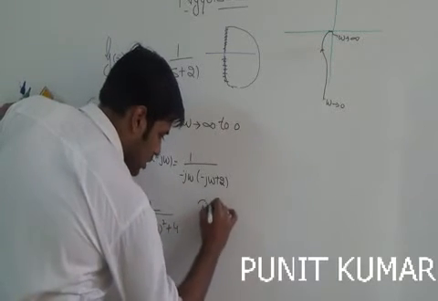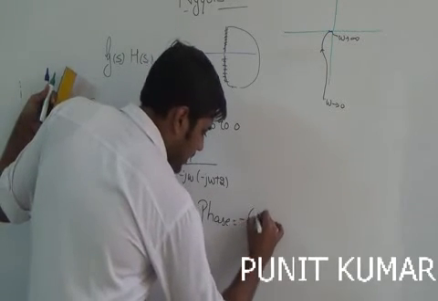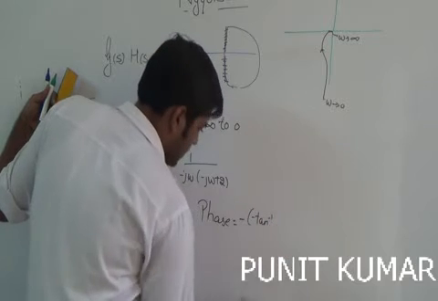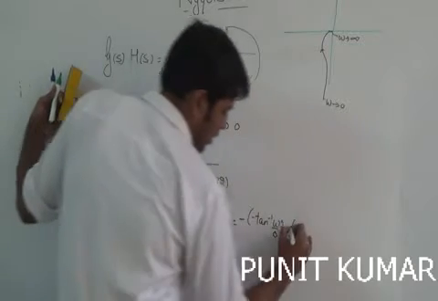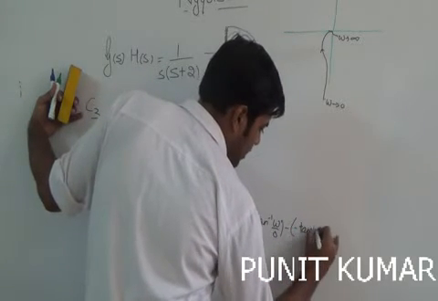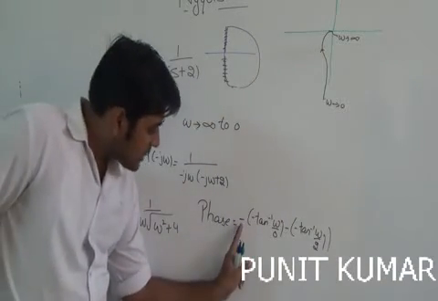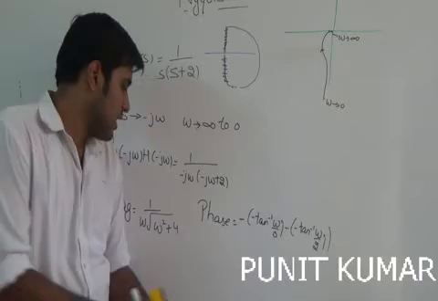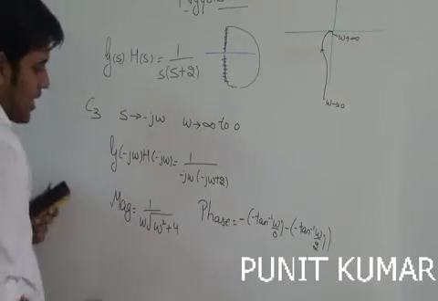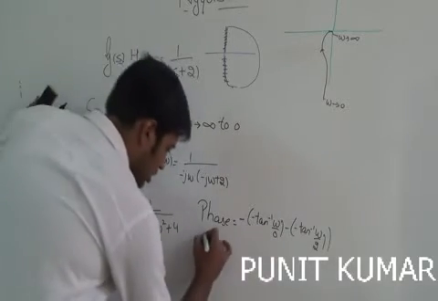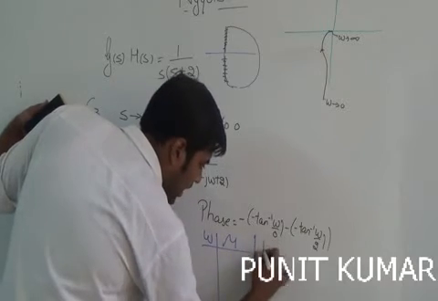For phase, minus of tangent inverse omega by 0, minus of tangent inverse omega by 2. Because of this minus j, this point comes out to be in the fourth quadrant. We will calculate the magnitude and phase for different values of omega.